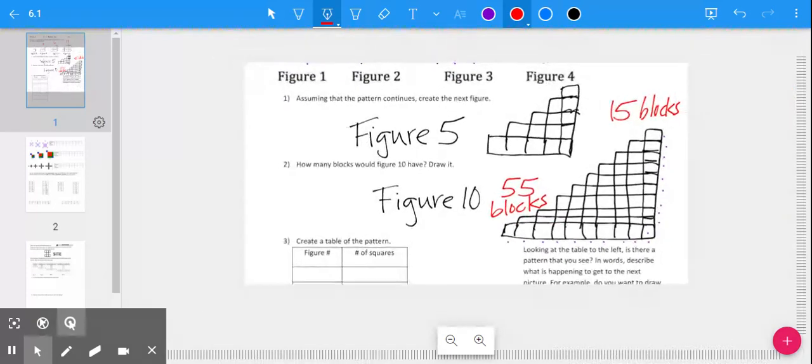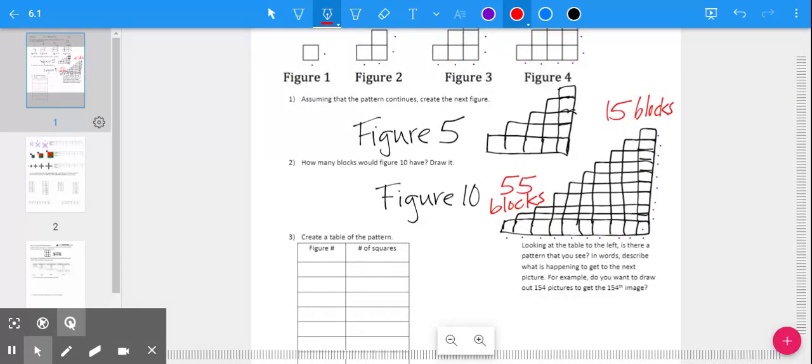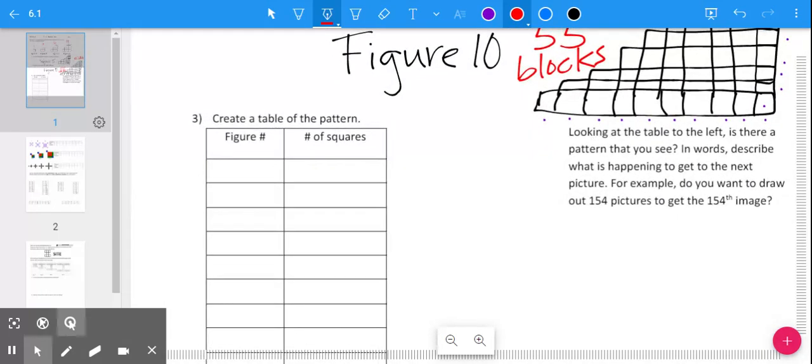All right, so it says create a table of the pattern. So we know that in figure 1, there was 1 square. In figure 2, there were 3 squares. In figure 3, there were 6 squares. 4 is 10. 5 is 15.